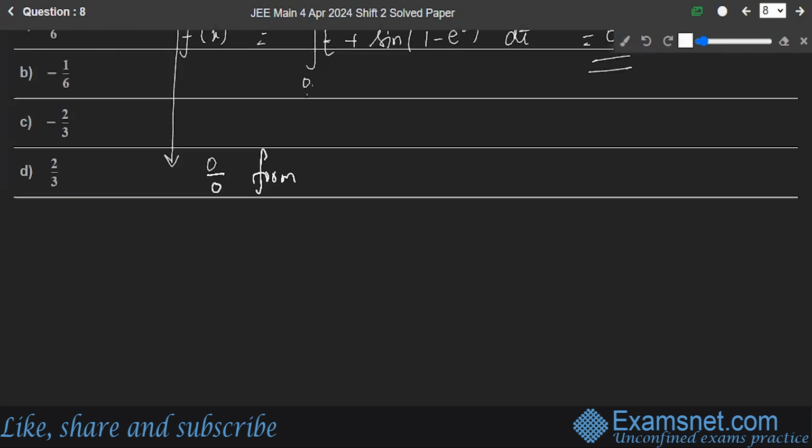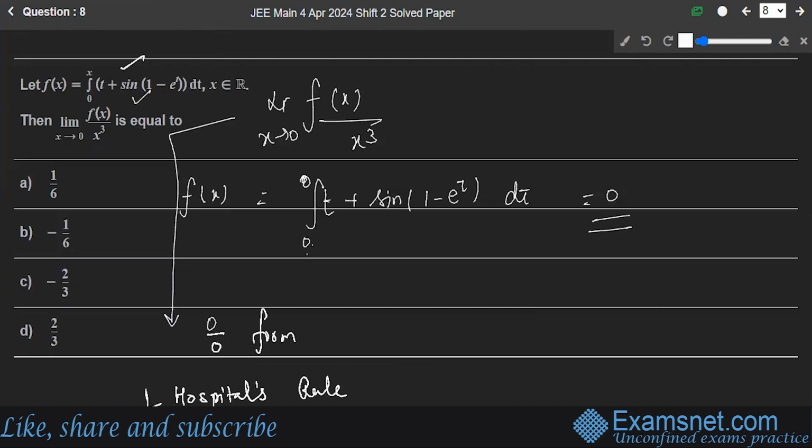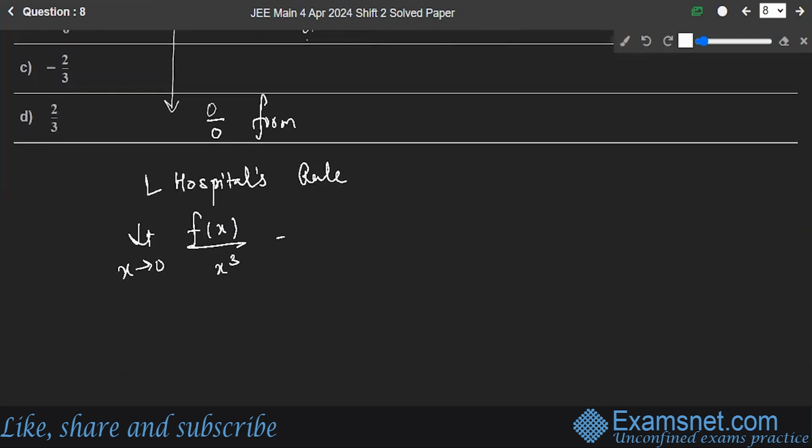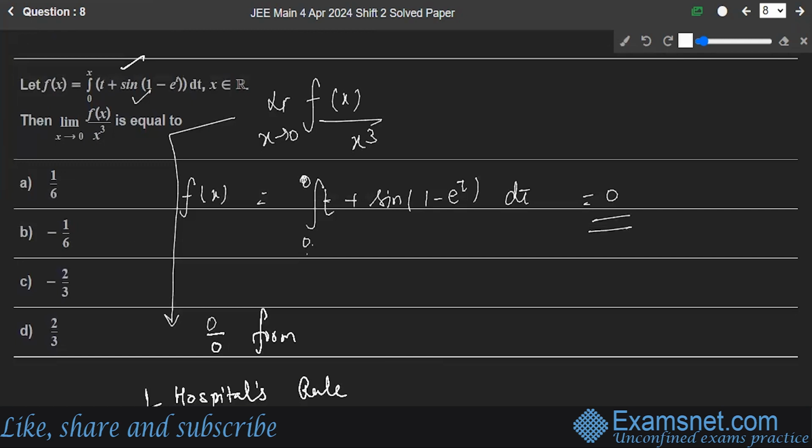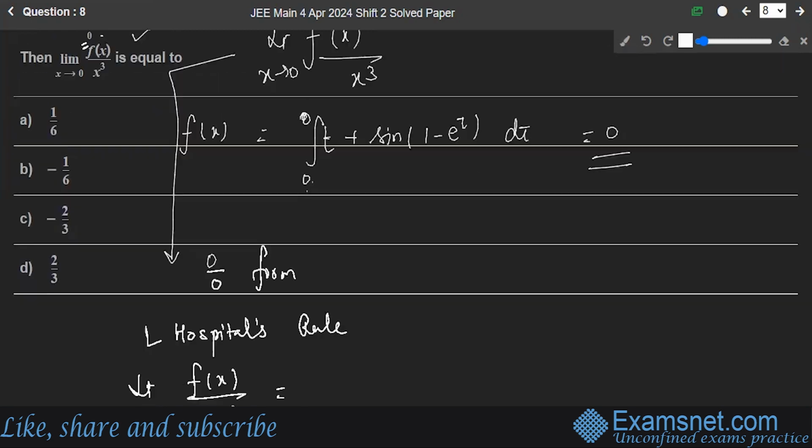What do we have to do in such a situation? Yes, we have to apply L'Hospital's rule, that is finding the derivative of the numerator and the denominator. So you had limit x approaching 0, f(x) upon x^3. f(x) was an integral, so when I find the derivative of it, see, it was 0 to x, so t will be converted into x.